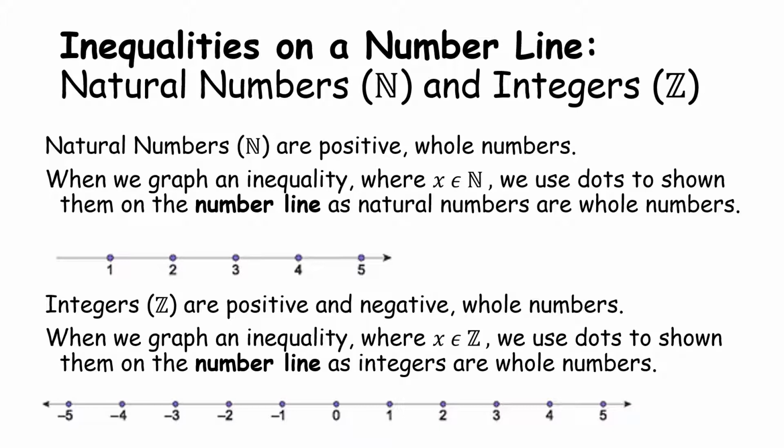When we are graphing these on the number line, they appear as dots because we only want to include those particular whole numbers. Integers are positive and negative whole numbers. When we graph an inequality on the number line that are integers, again, like the natural numbers, we use dots because we only want those whole numbers to be included.